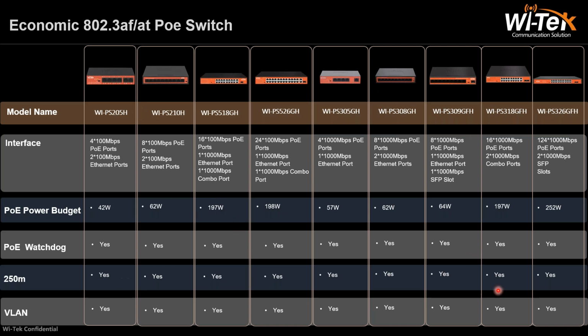These are the parameters. Let us quickly review, and we can see that from here to here is all megabit. So in these 4 models, I recommend you connect cameras of lower than 5 megapixels, and from here to here is all gigabit PoE support.